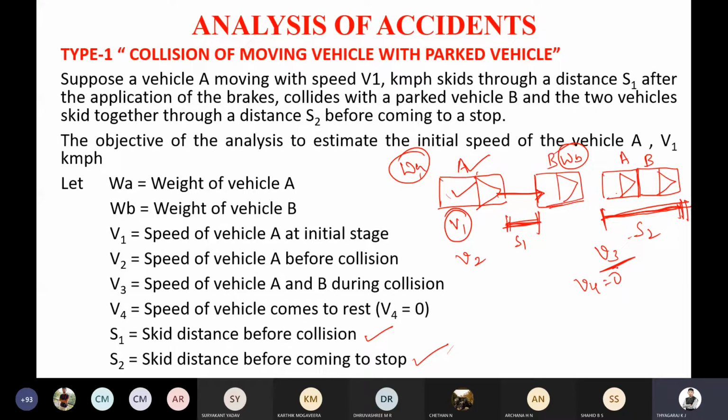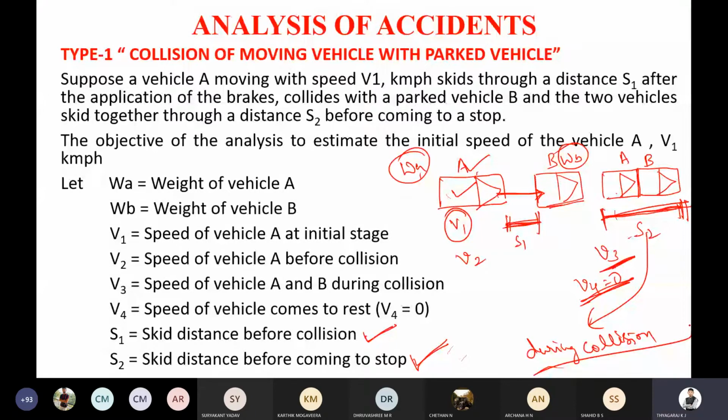Then after collision it comes to rest, that speed we call V4 is equal to 0. S1 is the skid distance before collision, S2 is the skid distance after collision, or we can call it during collision also.